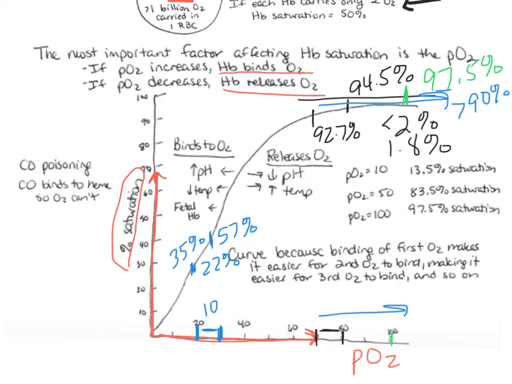Complete saturation isn't going to occur unless the PO2 is excessively high, like around 250 millimeters of mercury. So you'd have to get all the way over here to 250 millimeters of mercury in order for that percent saturation rate to go all the way up to 100%.